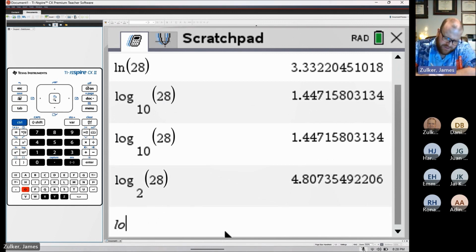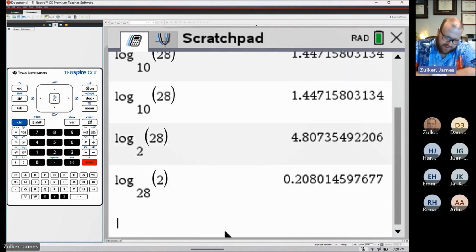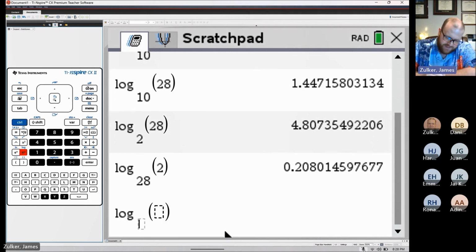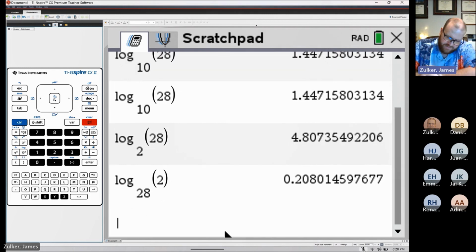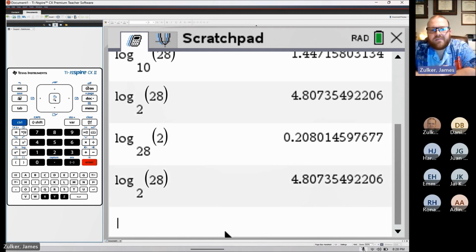Do I remember the order? Okay, so it was the other way. So if you type it in, log, what you're taking the log of, comma, the base, and then enter.